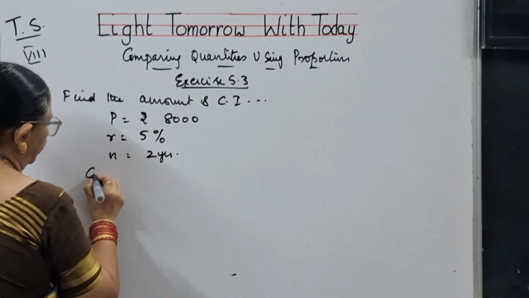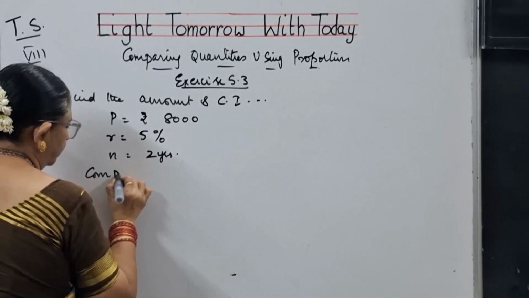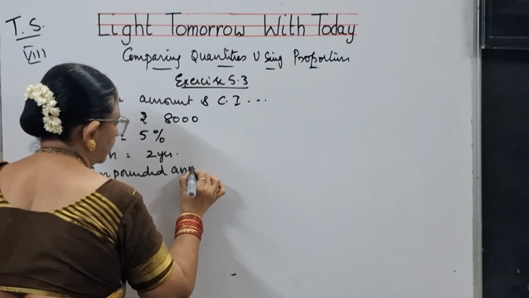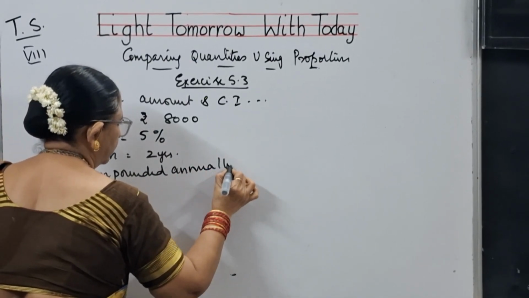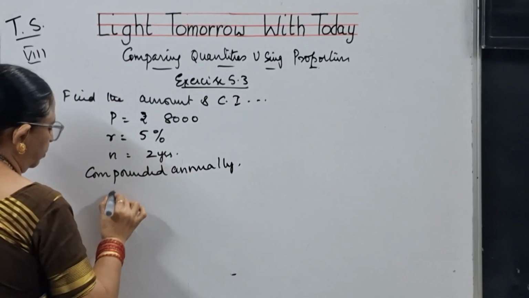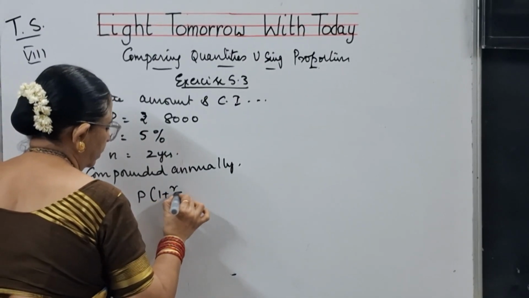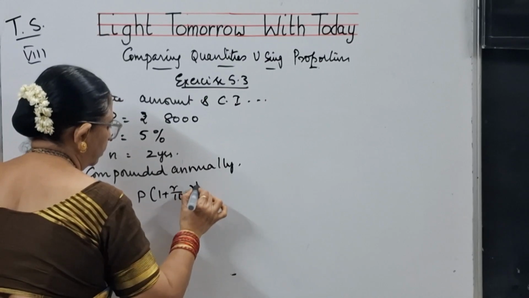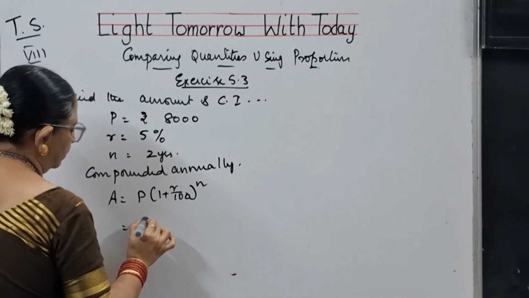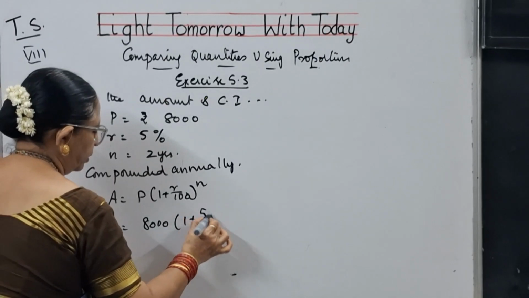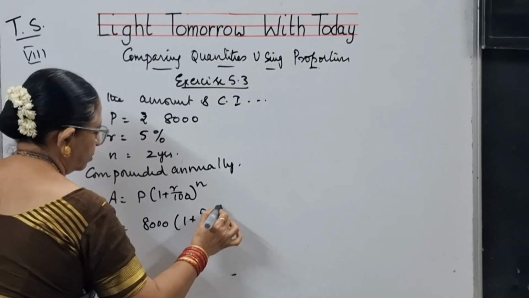So it is compounded annually. Therefore, amount you will be getting as P into 1 plus R by 100 whole to the power of n. That is 8,000 into 1 plus 5 by 100 whole square.